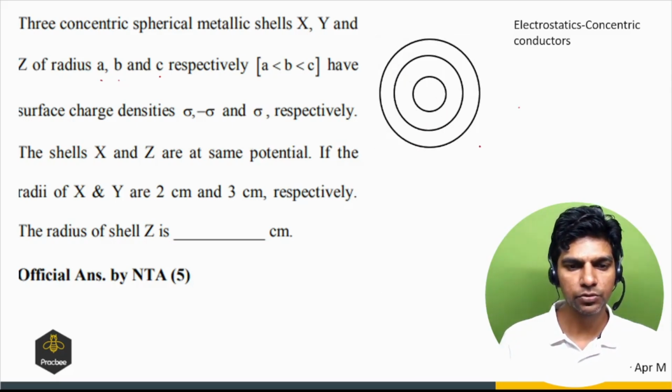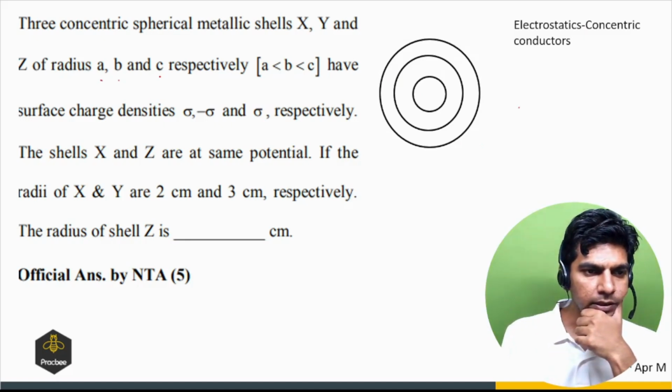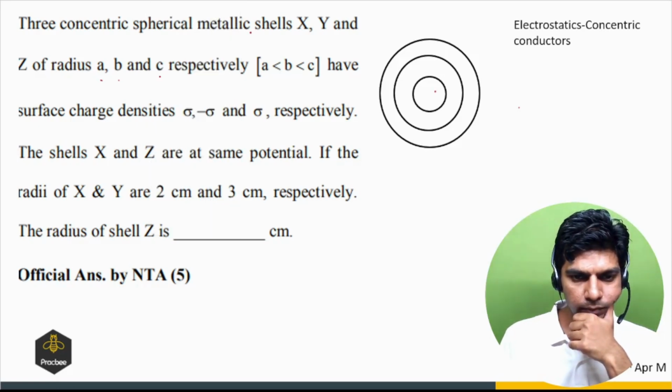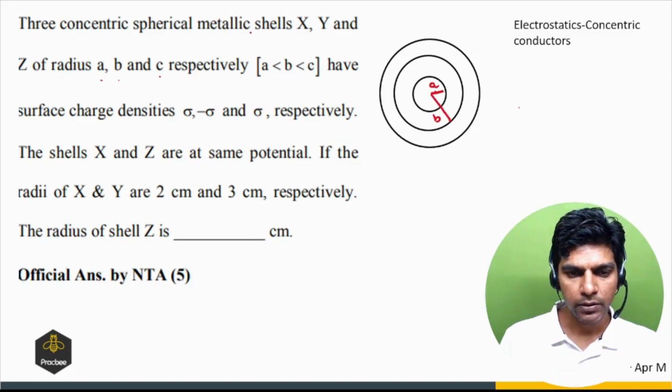So three concentric shells, and the radius is given as a, this is b, and this radius is c.